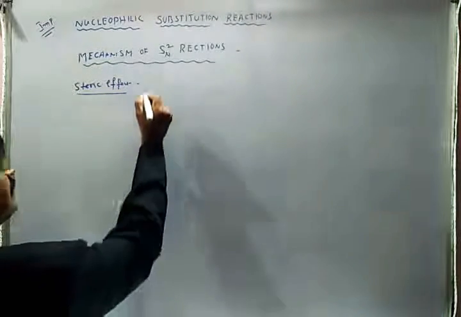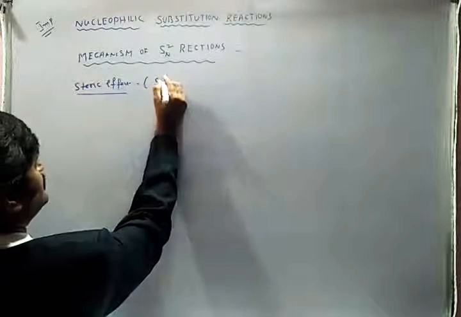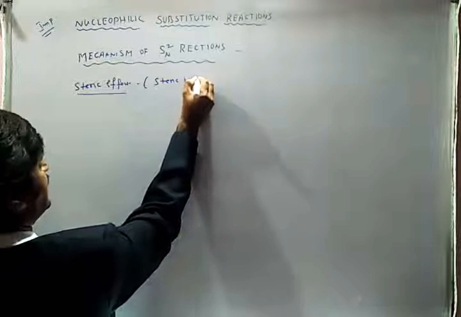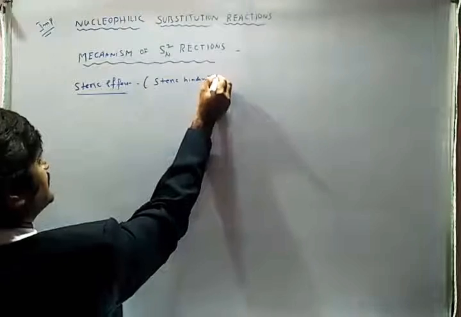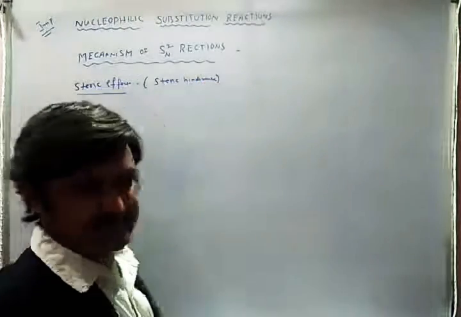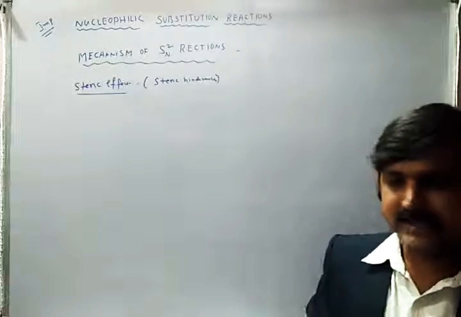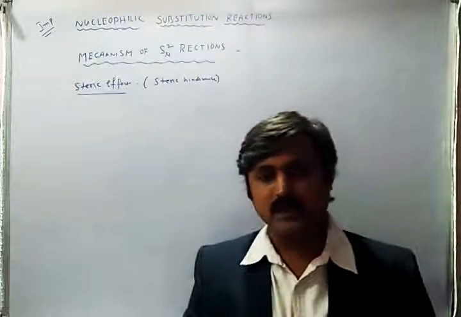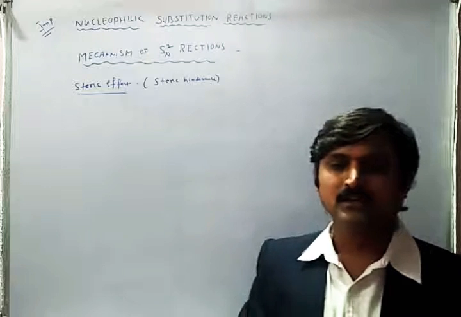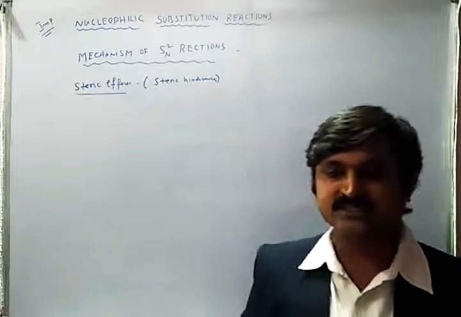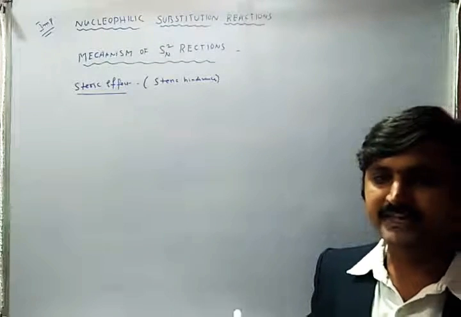So an important word here is steric hindrance. A steric effect definitely decreases the reactivity of the alkyl halide towards nucleophilic reactions. Steric hindrance results from the groups getting in the way of the reaction site.